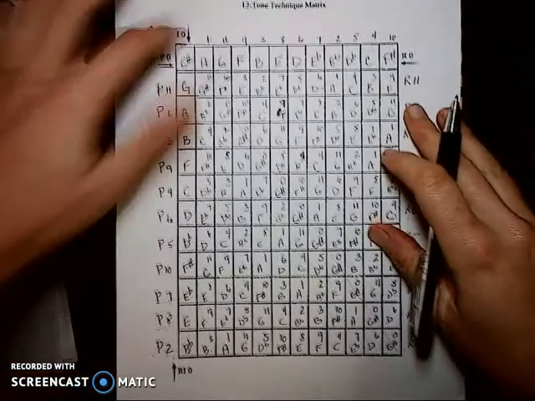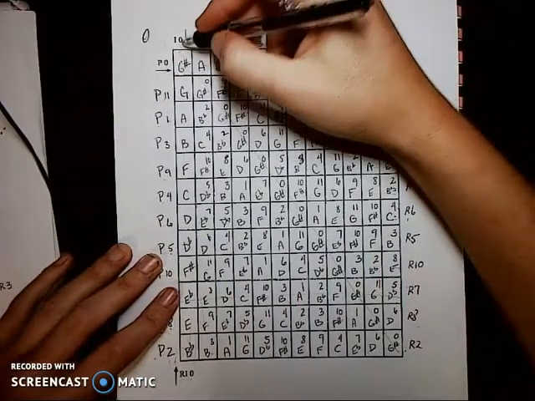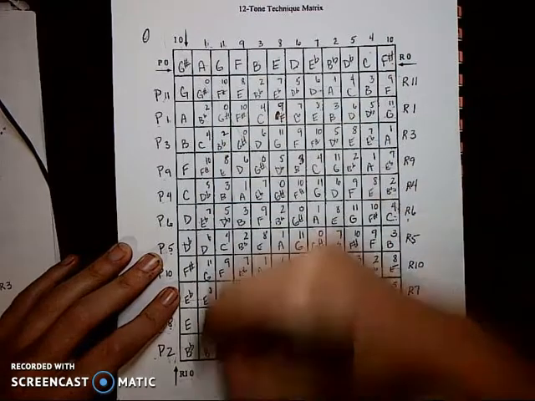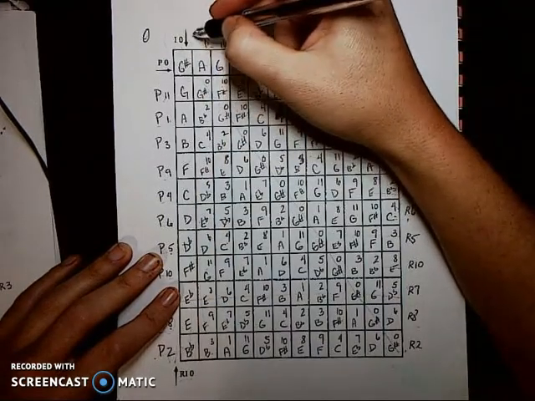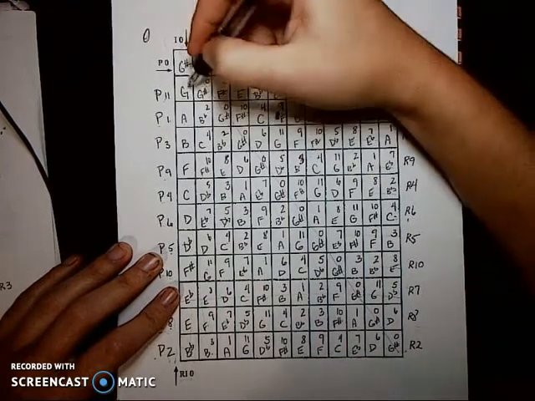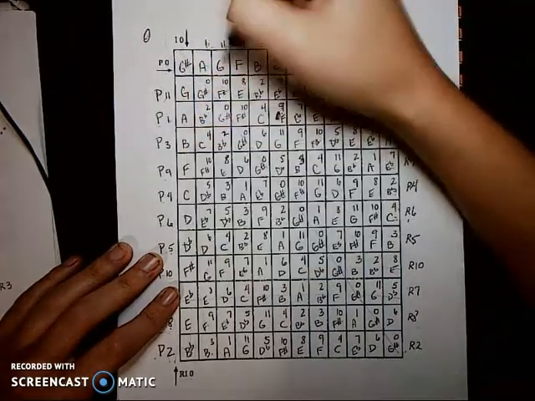The same holds true for I and RIs, okay? Here, this is the inversion of P0, and we call it I0 because it's the inversion of the prime form, and we have not transposed it by any half steps. But here, we've transposed it up by 1. Notice that there is 1 interval class between each one of these. We've transposed them by 1.